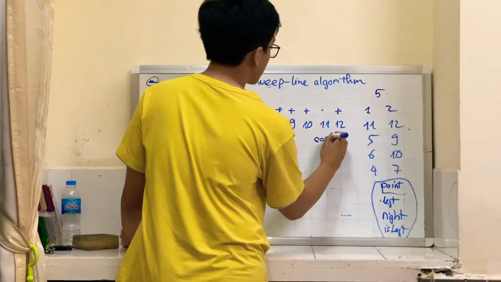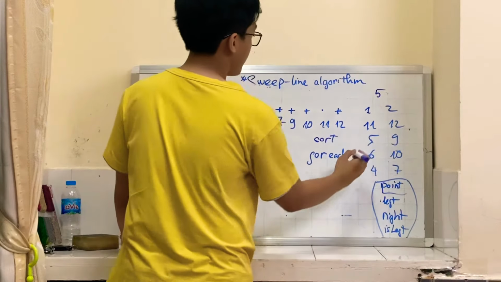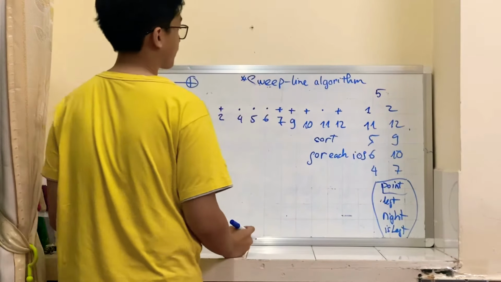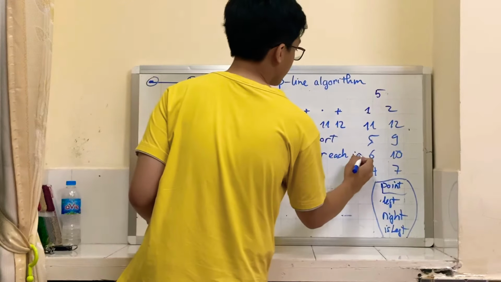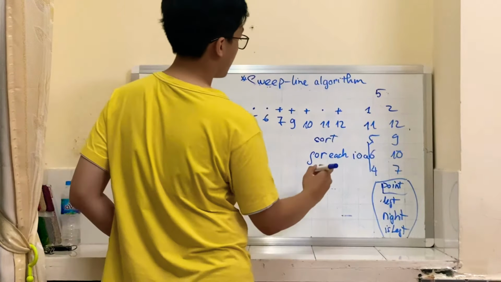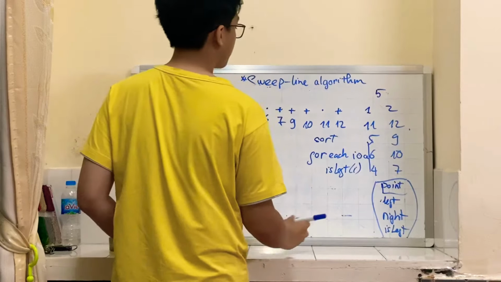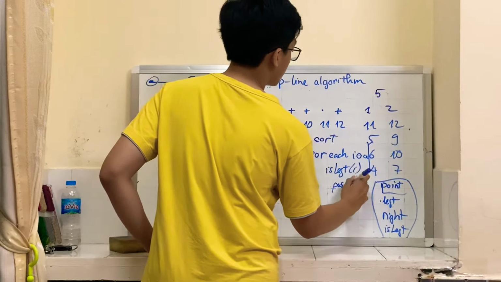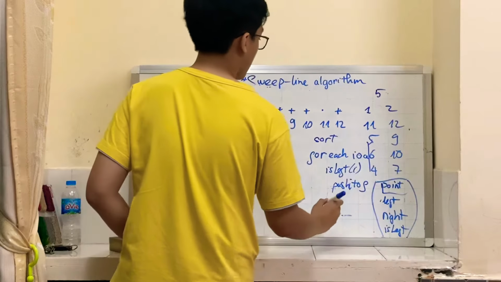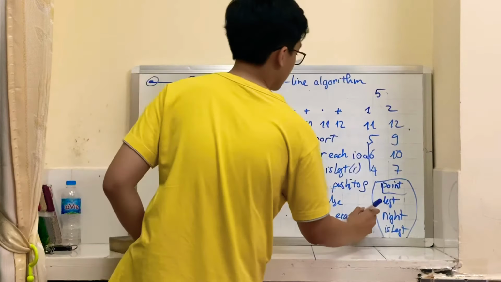Sort, and then for each i in the array: if is left i, then push i to the set, else erase i from the set.